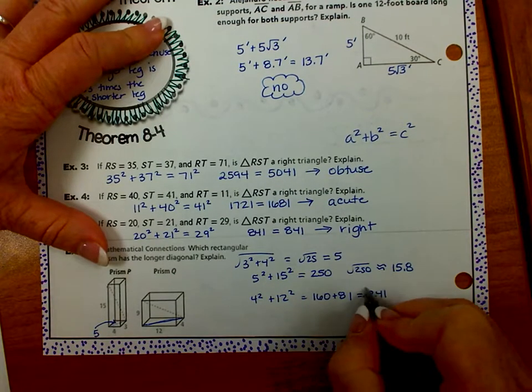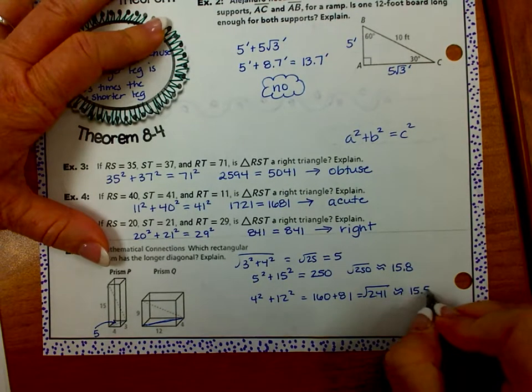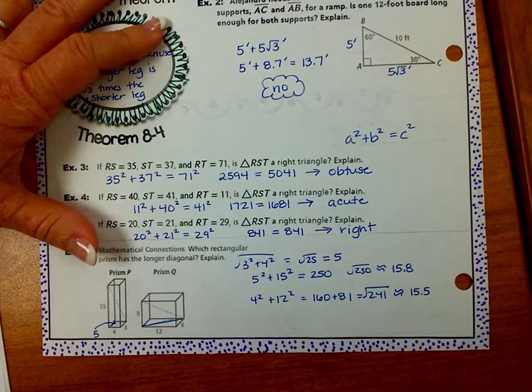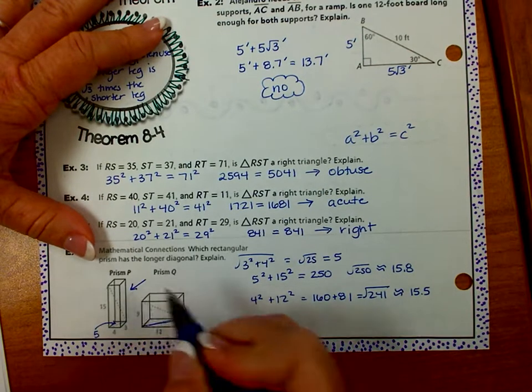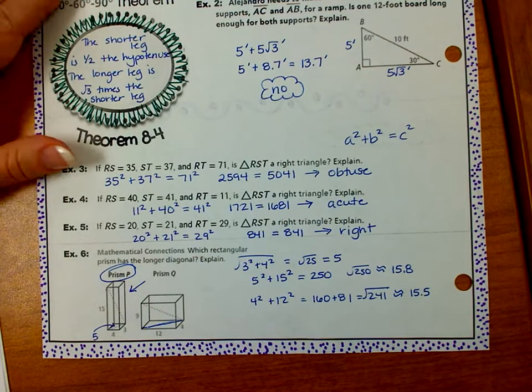And when we take the square root of that, we're going to get somewhere in the neighborhood of 15.5. So it looks like prism P has the longer diagonal.